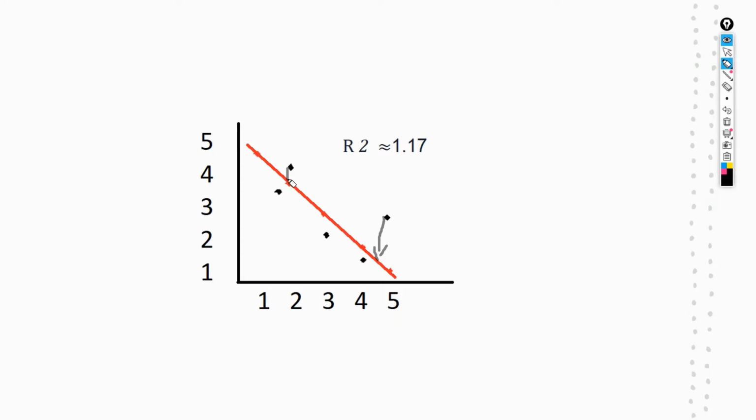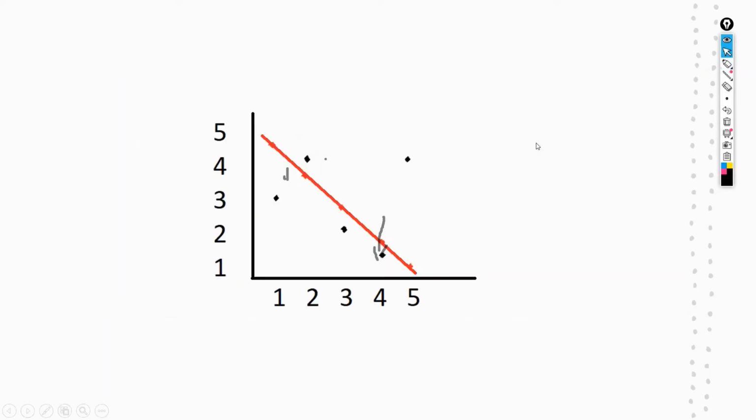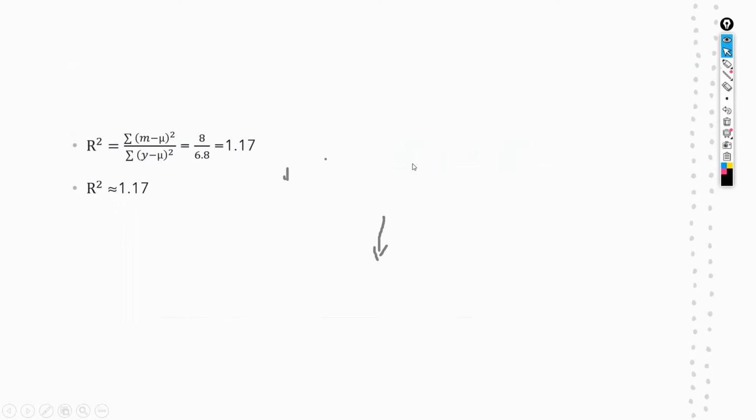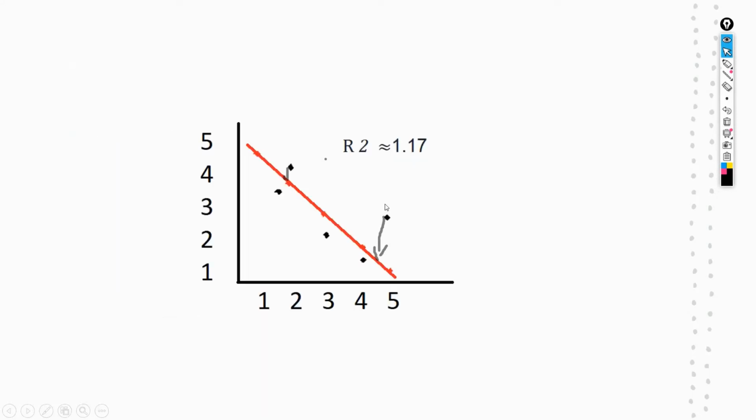When you compare with the previous one, see here, there is a lot of difference between the best fit line and the data set. So in this case, after applying the r square method, we have decreased the data set error length.